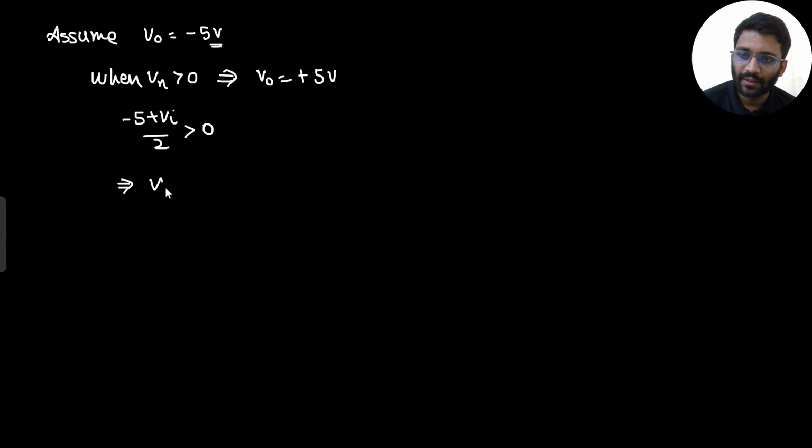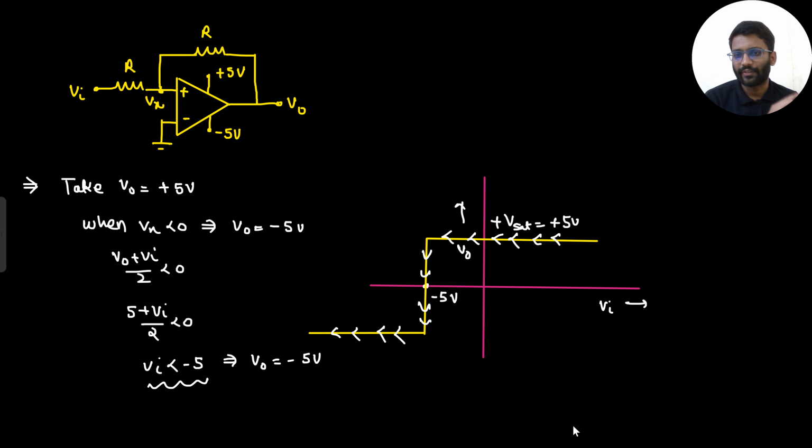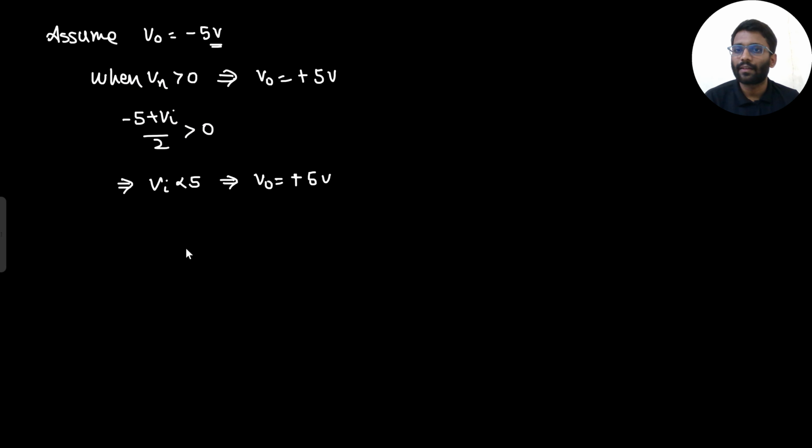That means V in should be greater than 5. Sorry, I said less than earlier, but it will be greater than. When V in is greater than 5, my output will be plus 5 volt.